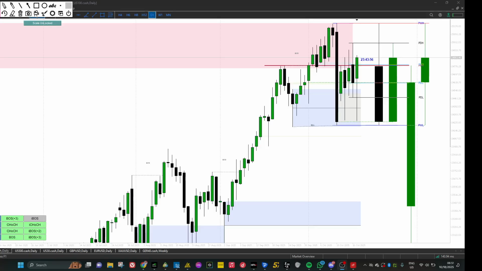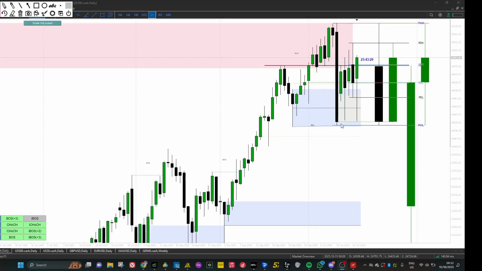We're at the end of another week, and today we're going over the price action and the moves on US 100 Nasdaq. So let's get right into it. We really traded right inside of the range of last week's candle.